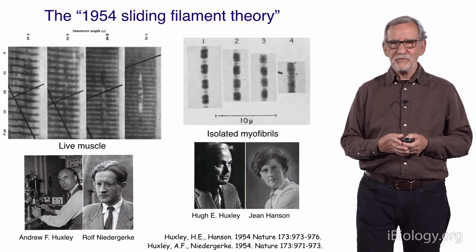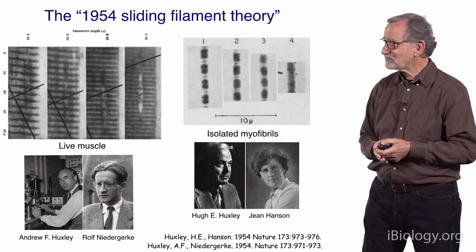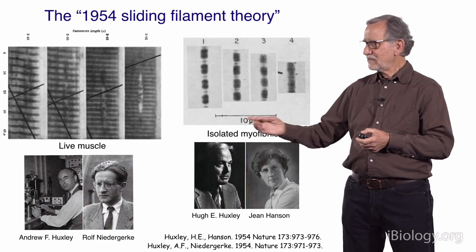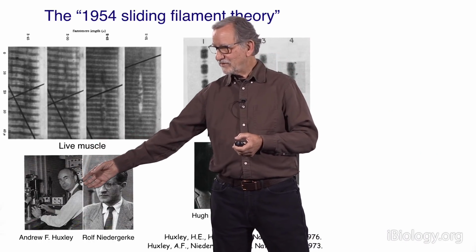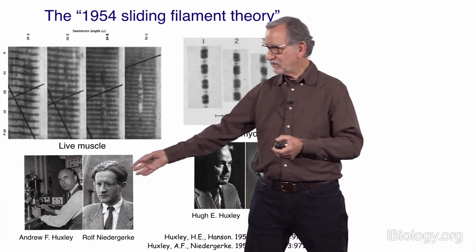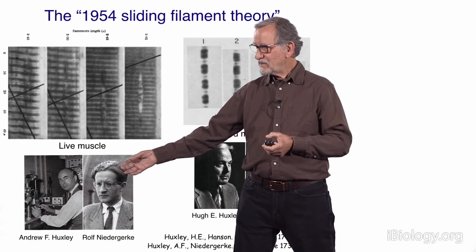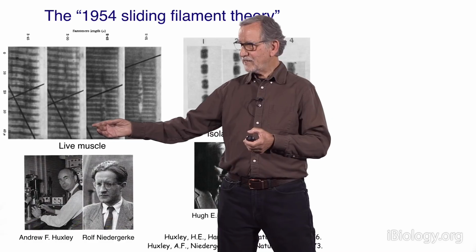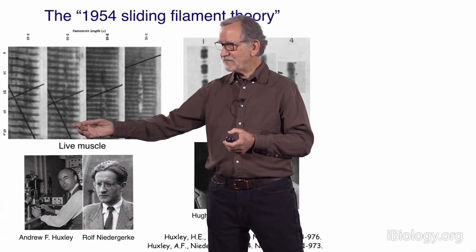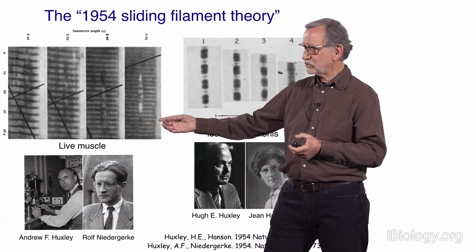Forward to 1954, the sliding filament theory. Two Huxleys, totally unrelated, Andrew, shown here, with his colleague Rolf Niedergerke, were using live muscle to look at the behavior of these A and I bands as the muscle shortens.